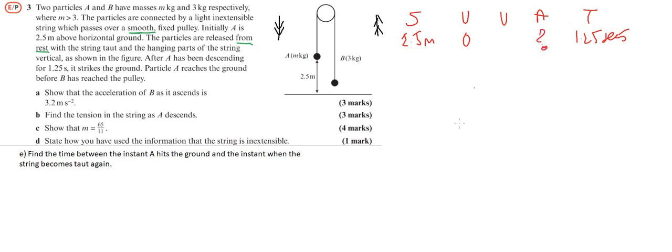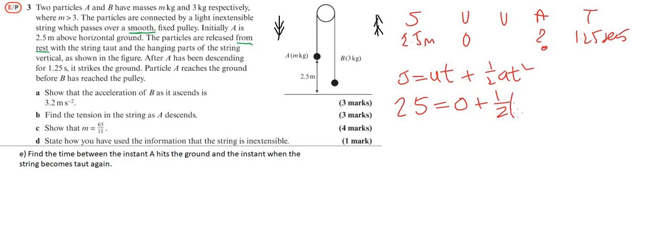So now SUVAT calculations, if you think about it carefully, we know that s equals ut plus 1/2 at squared. Well, let's sub in our values. We know that s is 2.5. That's equal to 0, because remember u is 0, plus 1/2 of 1.25 squared times a.